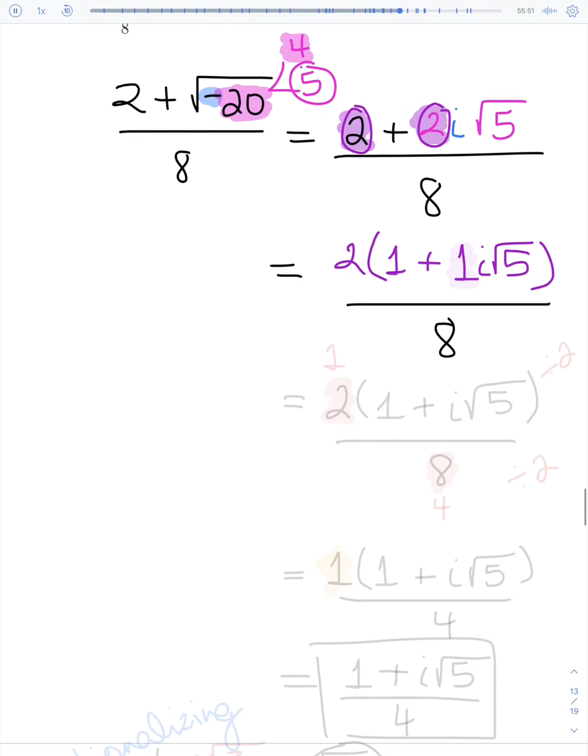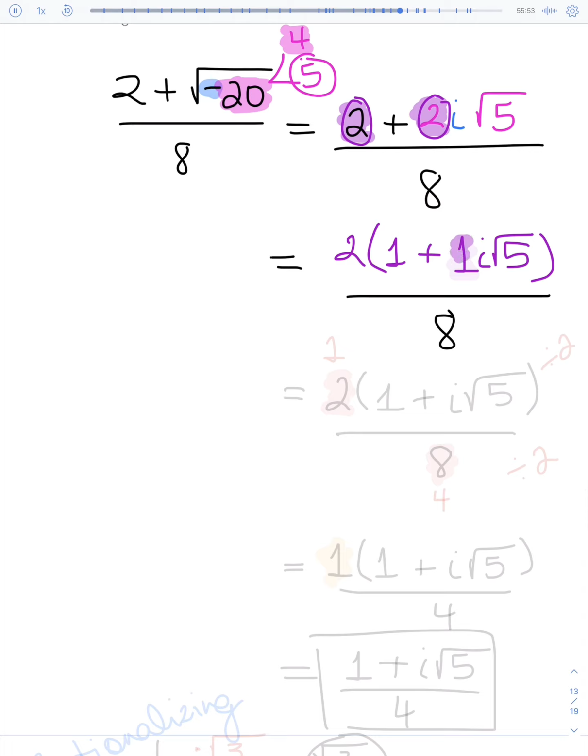Now, because the 1 is not by itself and it's in front of an i term or a square root term, we don't actually need to write the 1, so we can rewrite that if we would like. So we've got 2 times on top 1 plus i square roots of 5 all over 8.